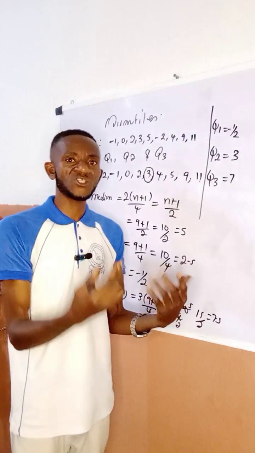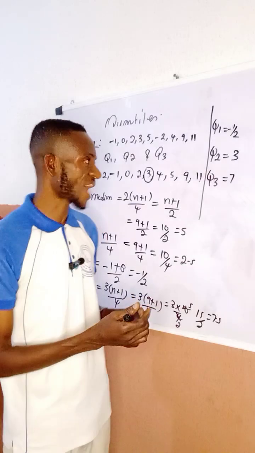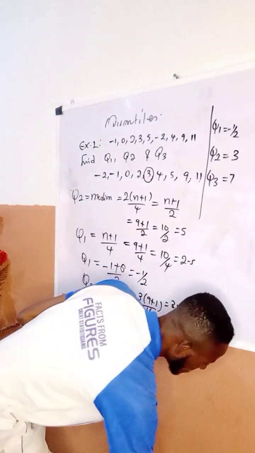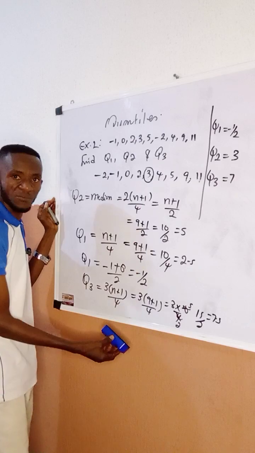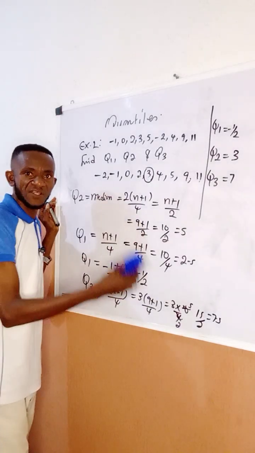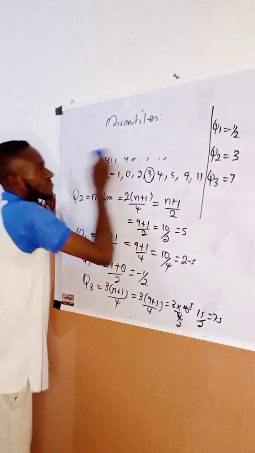Another thing we need to mention is what they call the interquartile range and semi-interquartile range. So let me quickly mention that thing before we now go for that of the table. So this is the much we have done, and we want to believe that we have not confused anybody. Thank you very much.